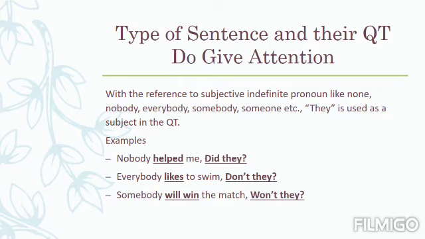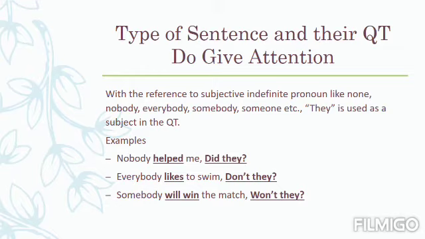Look at the last example, somebody will win the match. This is a sentence from simple future tense. Here the subject is somebody, which is an indefinite pronoun. While making the question tag of this type of sentences, we will use they in the place of subject. The statement is positive, its question tag will become negative.